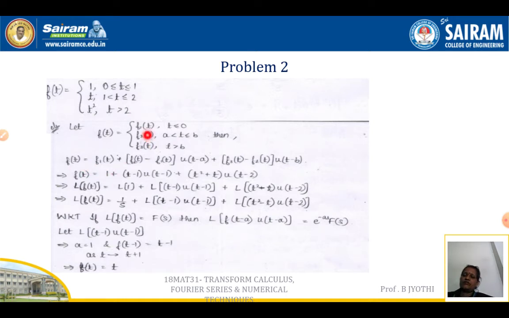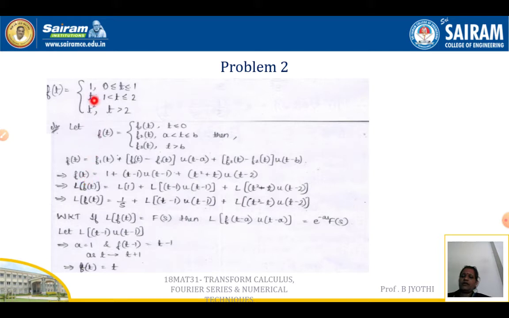Then f of t is given by f1 of t plus f2 minus f1 into u of t minus a, and plus f3 minus f2 into u of t minus b. This is the definition or property we have for the discontinuous function by using the unit step.